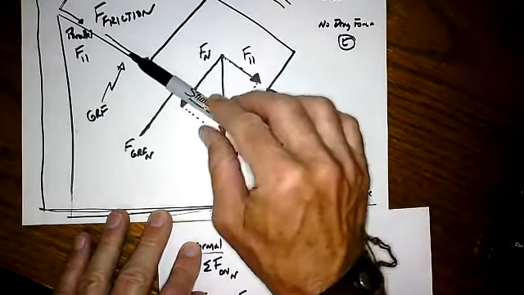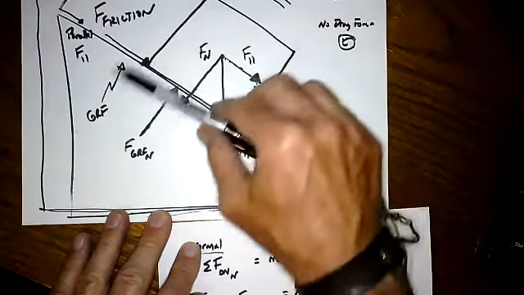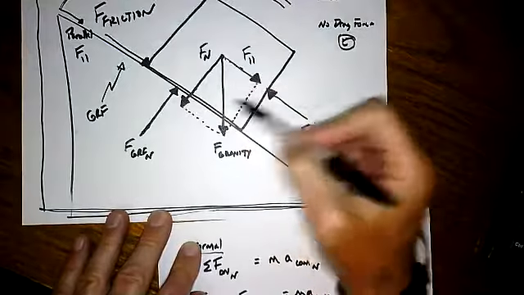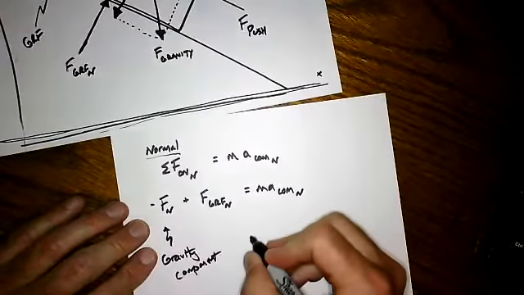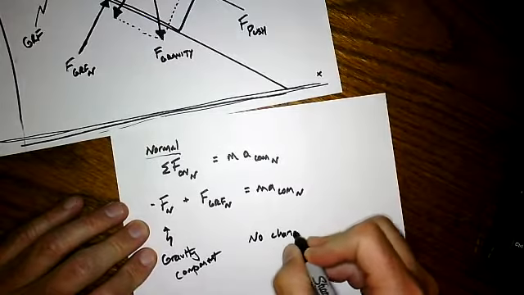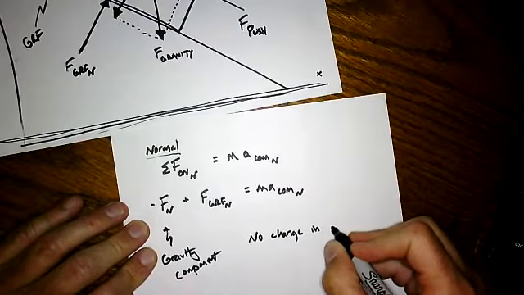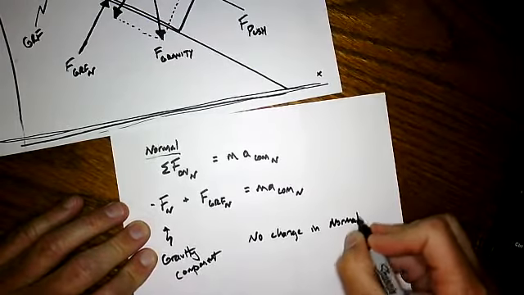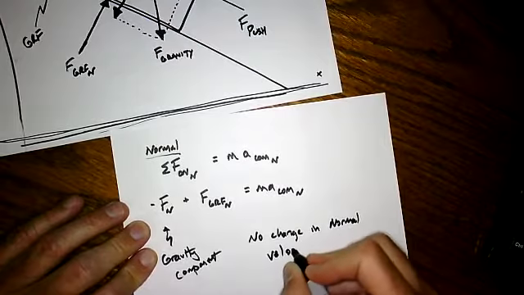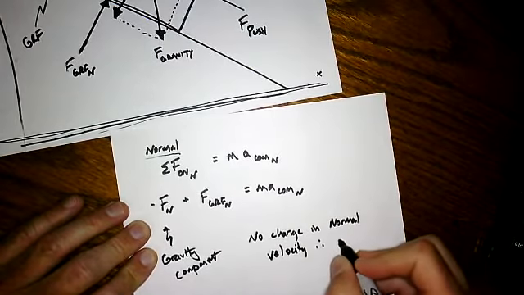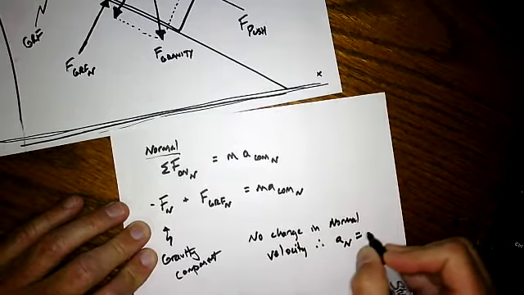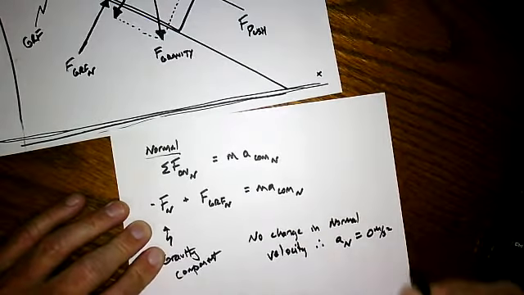This surface is here, and that box is just moving right along at the same height relative to the surface. Therefore, there's no change in velocity, no change in normal velocity. And again, normal is a direction. Therefore, acceleration normal equals 0 meters per second squared.